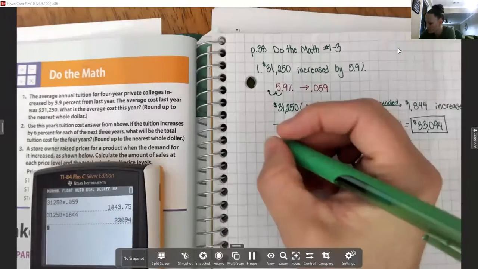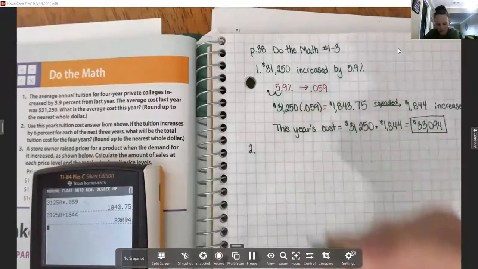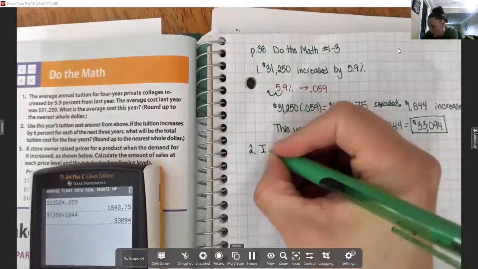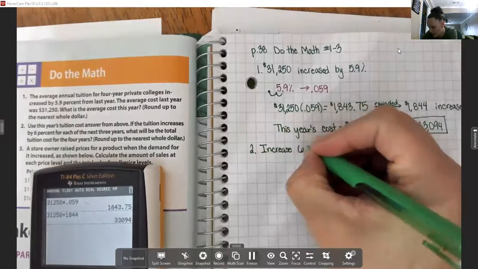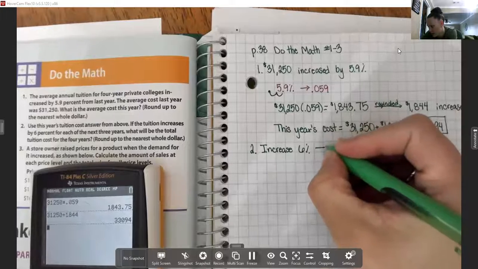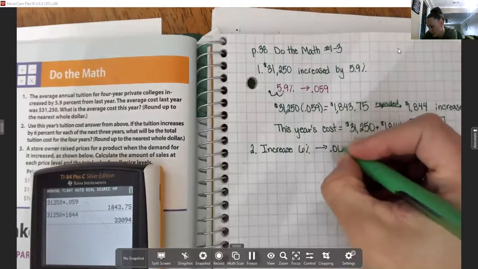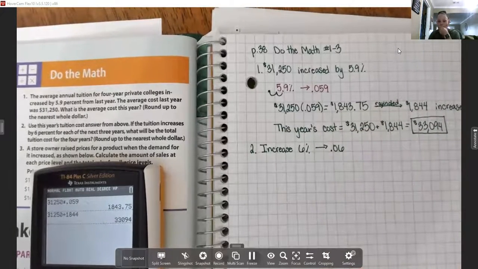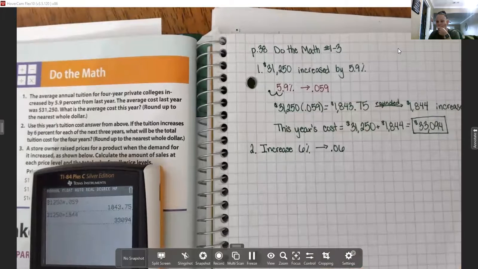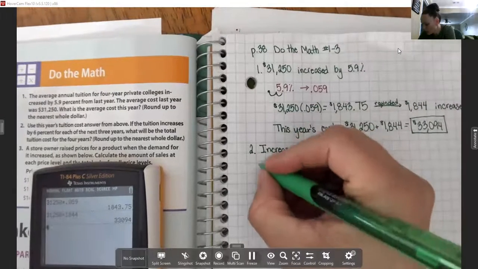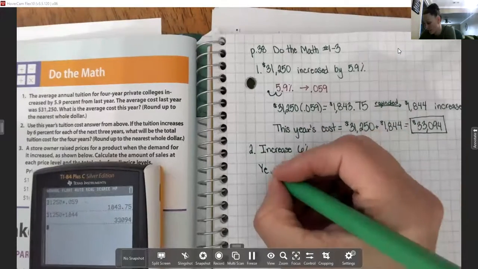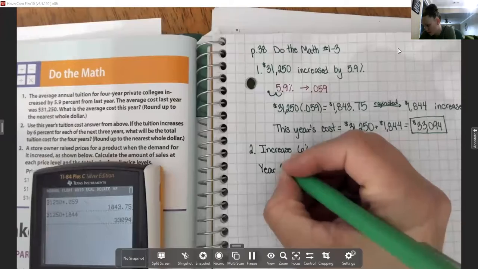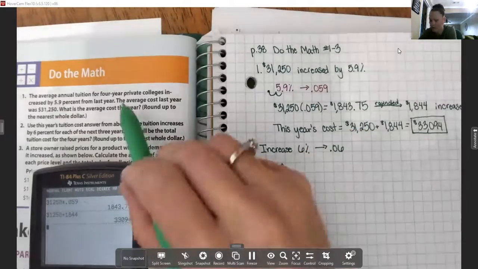So the first thing again, it's an increase of 6%, which is going to be 0.06. So we're doing it for the next 3 years. So there's this year, year 2, year 3, and year 4, assuming it's a 4-year college, like they said up there.